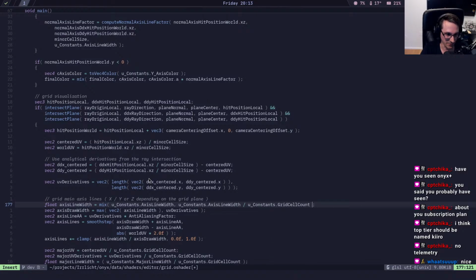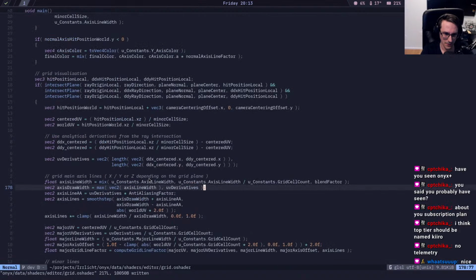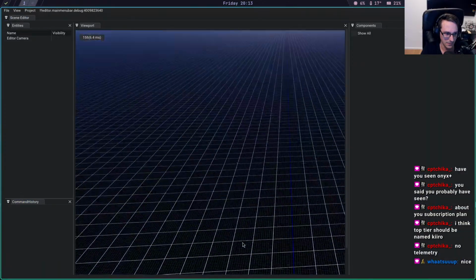Or in this case the previous level, because we scale from our current level here to the previous level, and we scale that based on the line blend factor, well, the blend factor we set. And I think that already does it for the axis lines. I think they should already scale now.